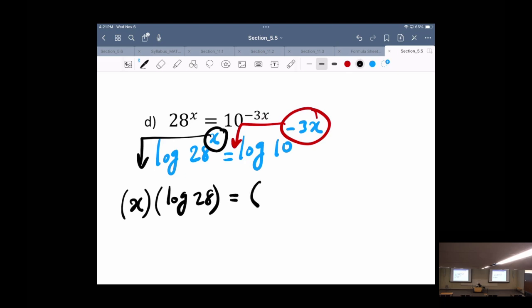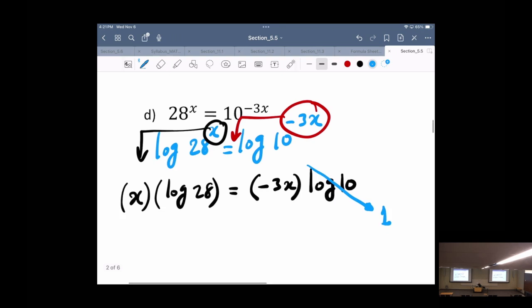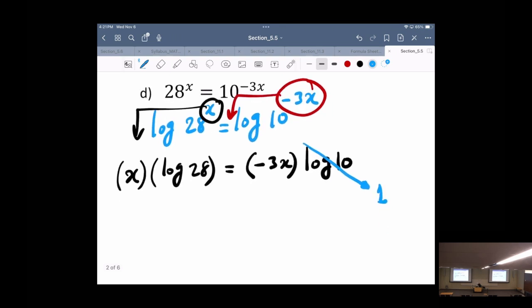The next one, we have negative 3x coming down and in front times log of 10, right? So now, from the properties of logs, we know that log of 10 is equal to 1. In fact, what we learned in section 5.4 is that log of anything to the same base is always equal to 1.